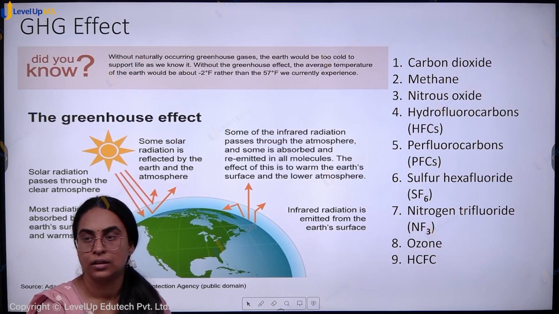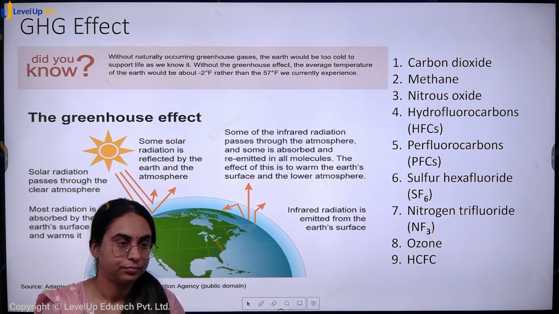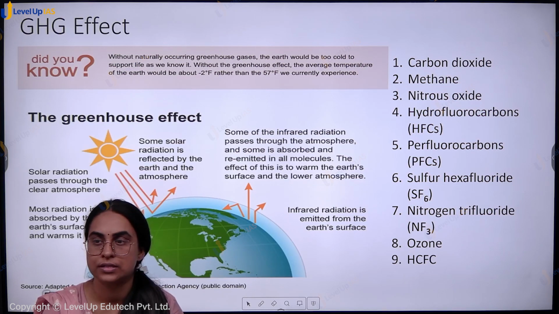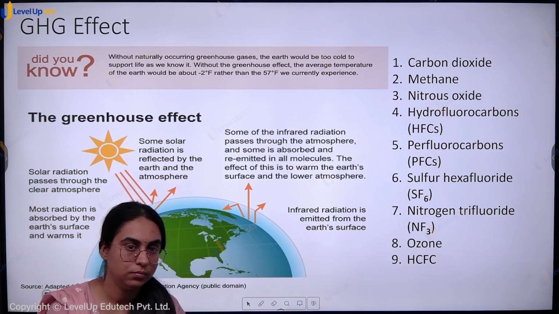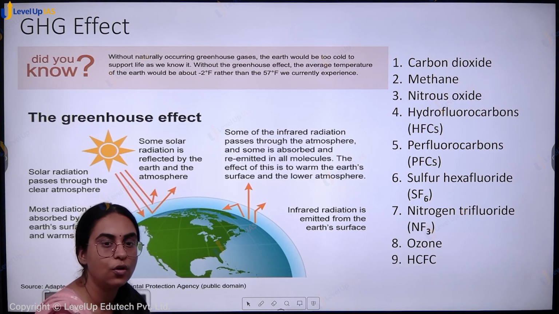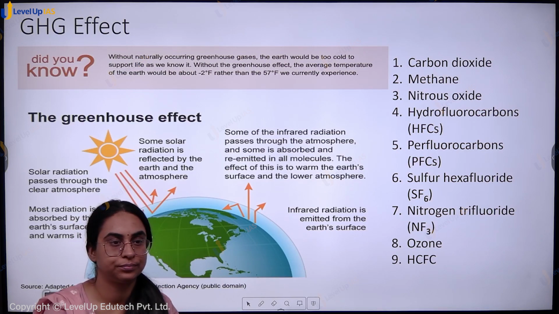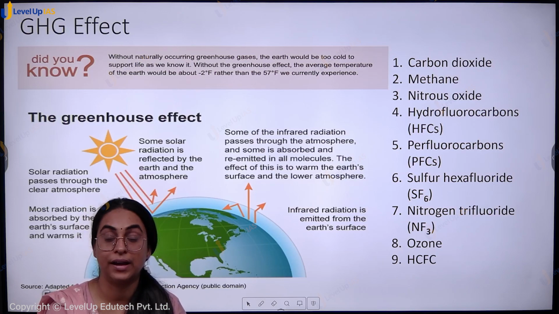Second, absorption of long wave radiation from the earth's surface by greenhouse gas.